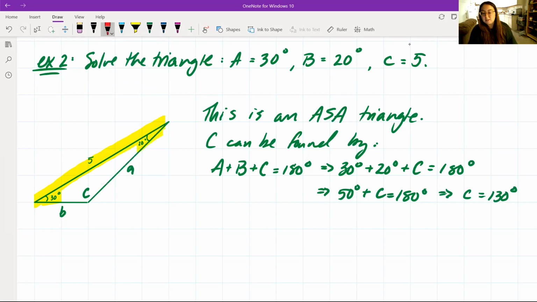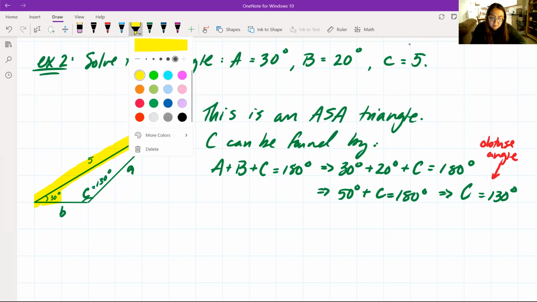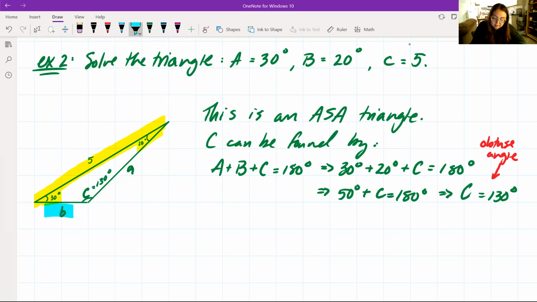So our angle measurement, C is equal to 130 degrees. This is our obtuse angle. It's between the values 90 and 180. So we have our obtuse angle, but this is our value of C here. So now this angle C, this is 130 degrees. And now what we need to find are our side lengths a and b.